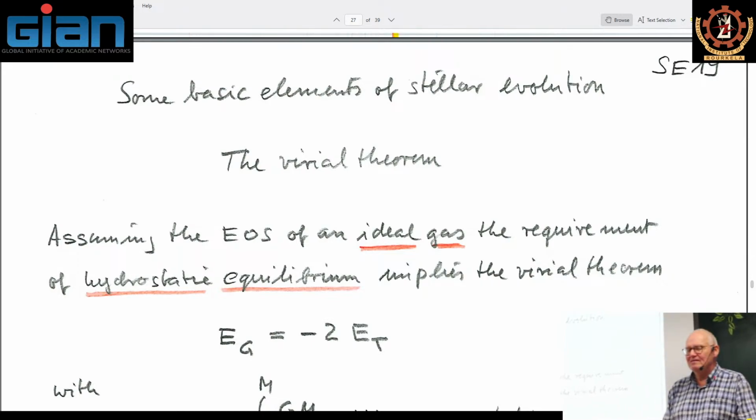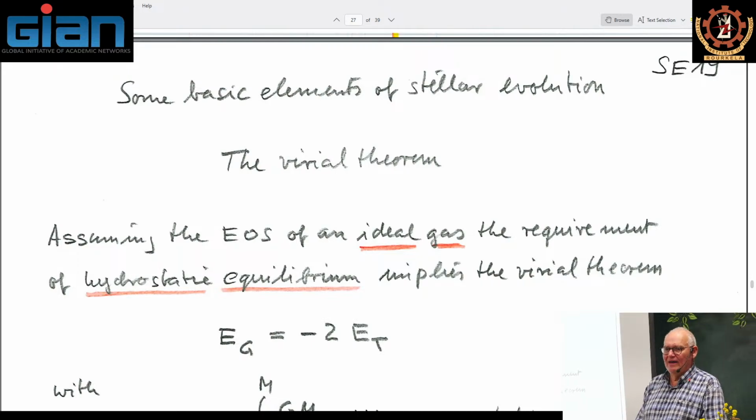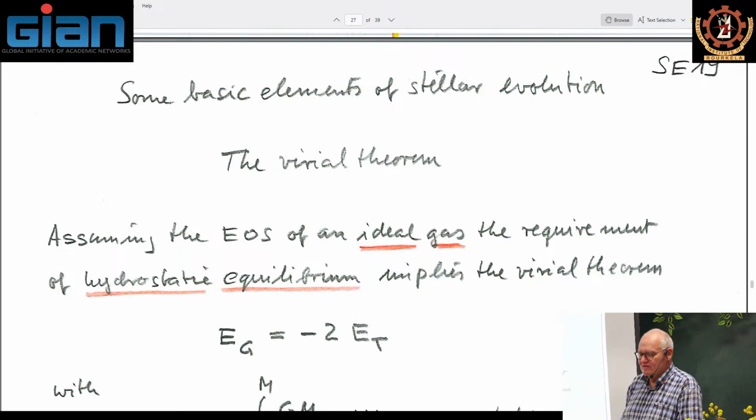In yesterday's tutorials, Professor Yadav discussed both the virial theorem and the mass-luminosity relation, and he gave a detailed derivation of both.